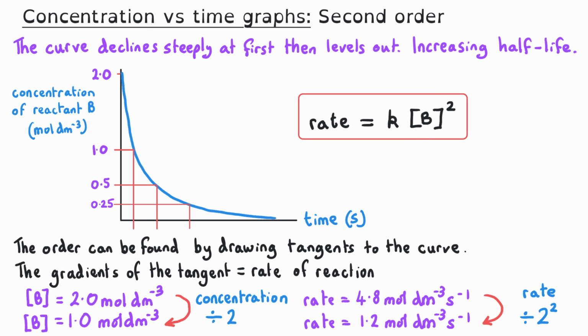A graph of concentration against time for a second-order reaction shows a curve that declines steeply at first and then begins to level out, and it will have an increasing half-life. In other words, the amount of time taken for the concentration of a reactant to halve will increase as the reaction goes on.